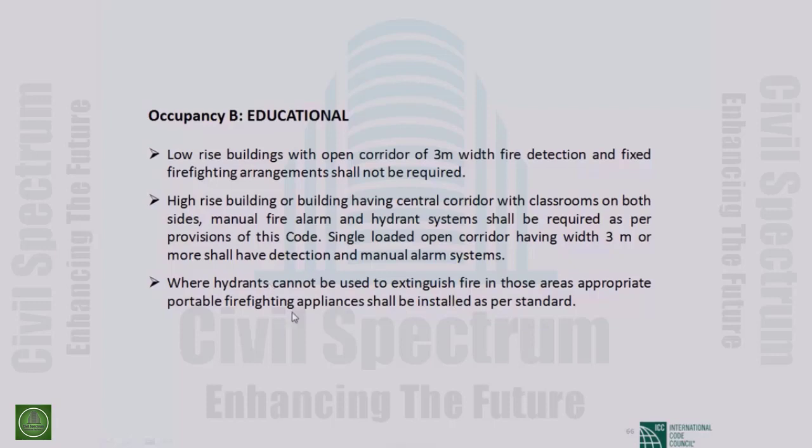Actually, for any education building, there are some laboratories or other areas which are very sensitive. In that area, you need something other than hydrant system. You need some portable extinguisher appliances and other things, particularly for those special areas.